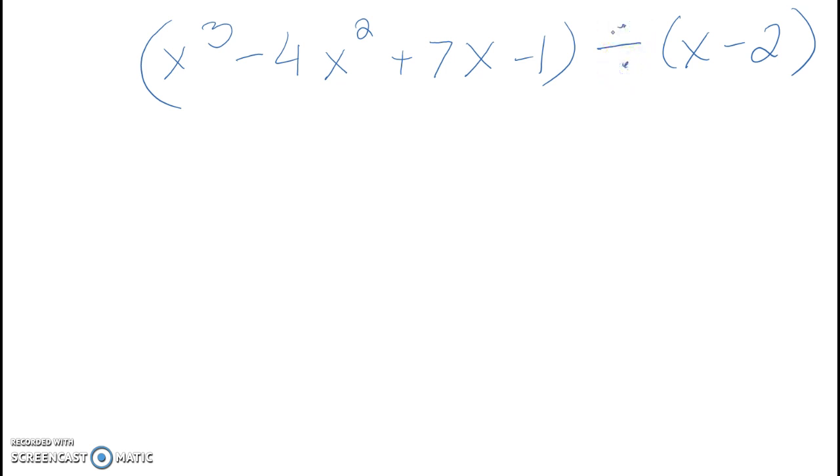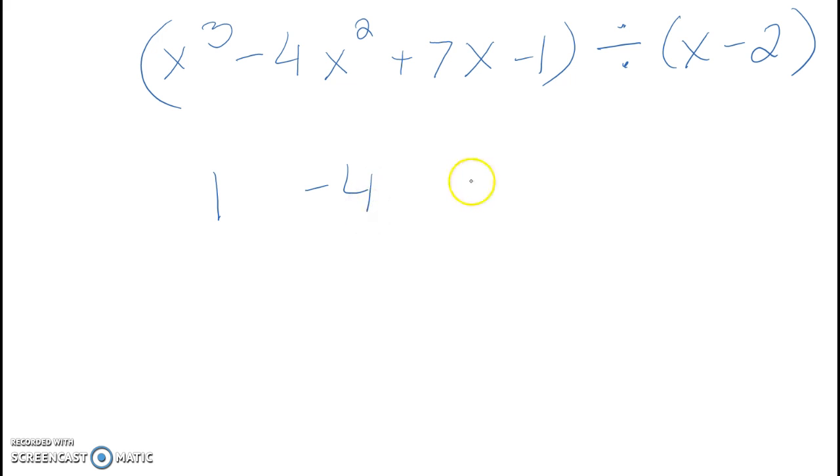Now for synthetic division, what we'll do is take the first polynomial, x cubed minus 4x squared plus 7x minus 1, and we are going to just take its coefficients and write them on one line. So the coefficient of x cubed is 1. The next coefficient, and it does have to be in decreasing order of degree, is negative 4.